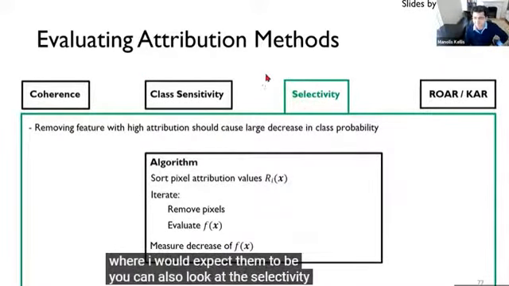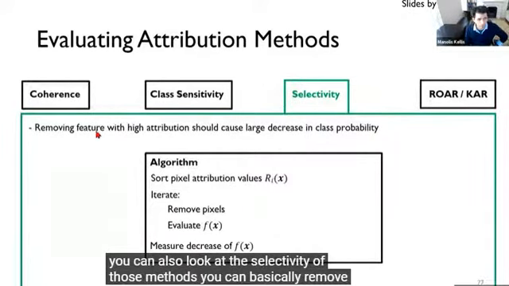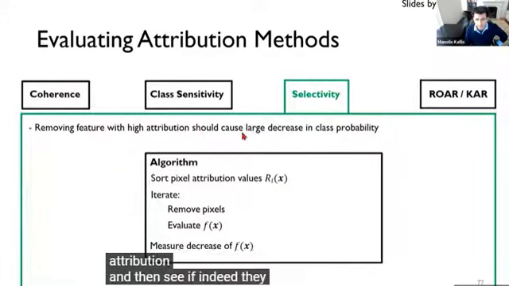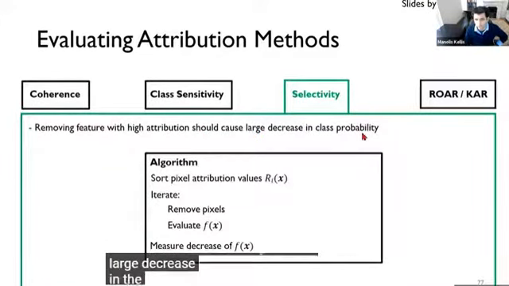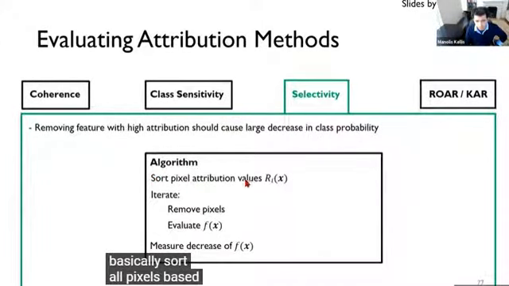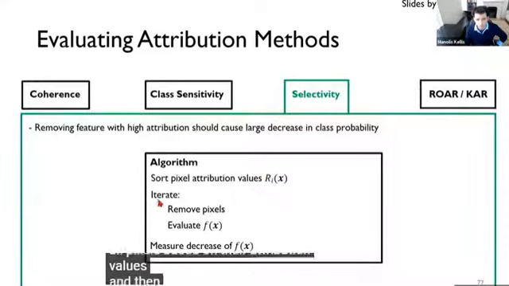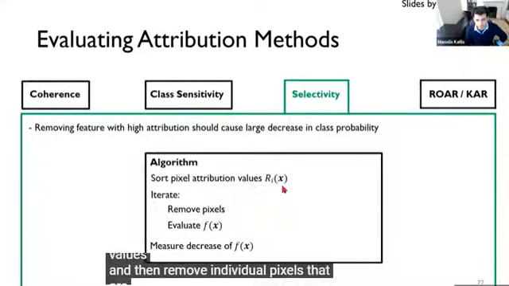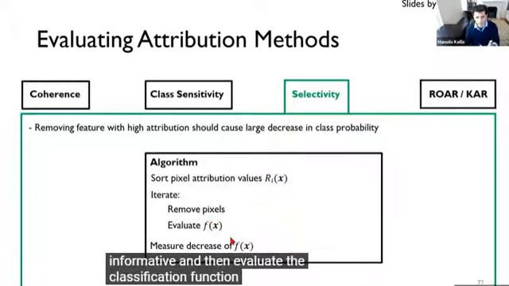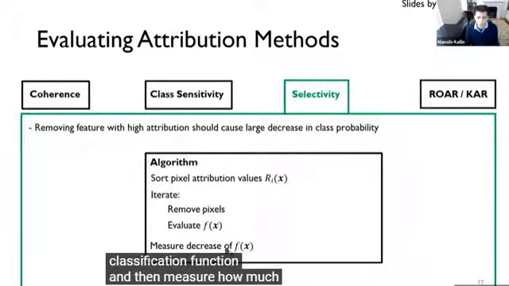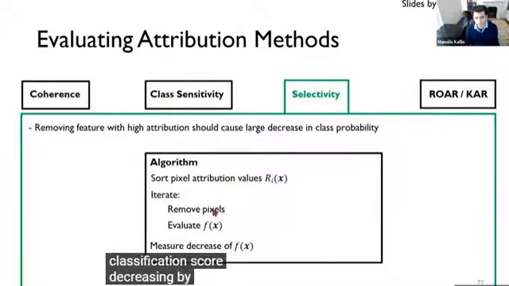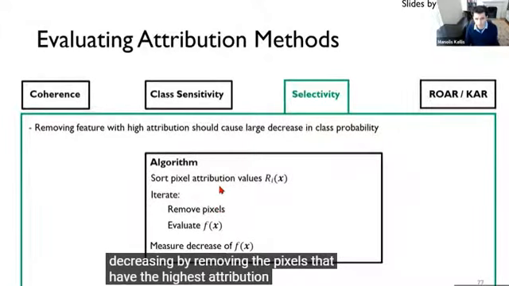You can also look at the selectivity of those methods. You can basically remove individual features with high attribution and then see if indeed they cause a large decrease in the class probability. So you can basically sort all pixels based on their attribution values, and then remove individual pixels that are the most informative, and then evaluate the classification function, and measure how much my classification score decreases by removing the pixels that have the highest attribution value.